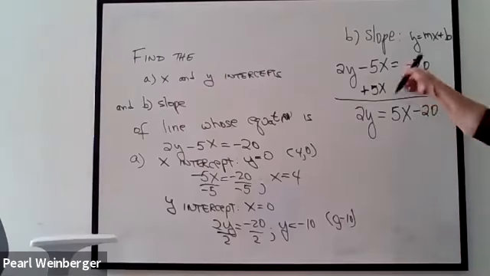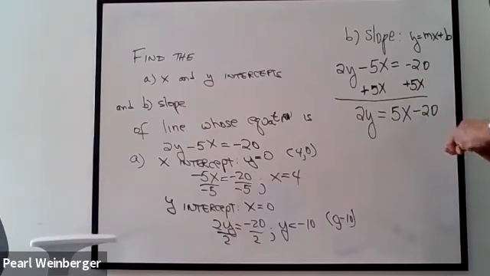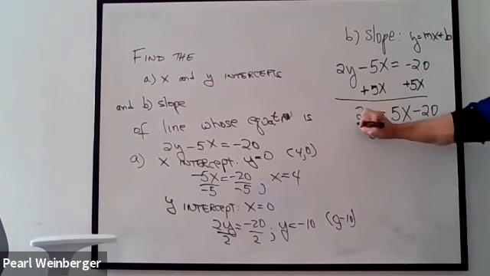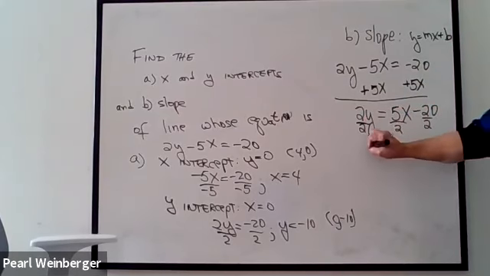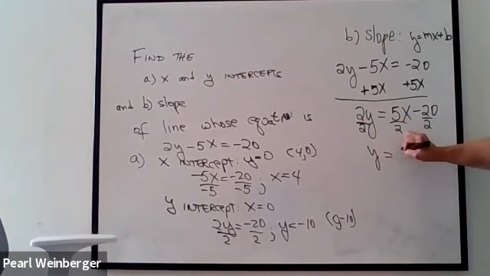Remember, I always put the x term first because we want it in this format. And I have to divide everything by 2 to get it in this slope-intercept form, so that I get y equals 5 over 2 x minus 10.